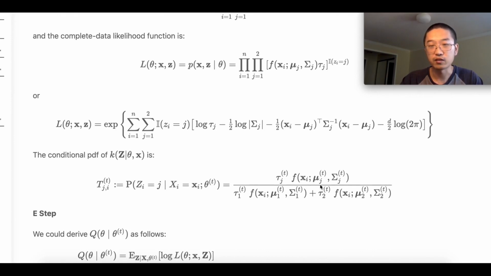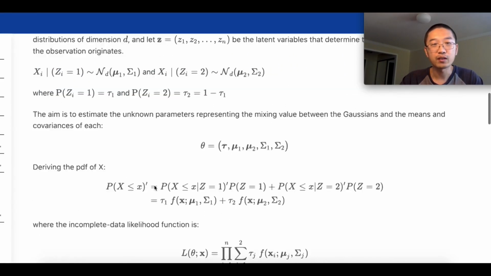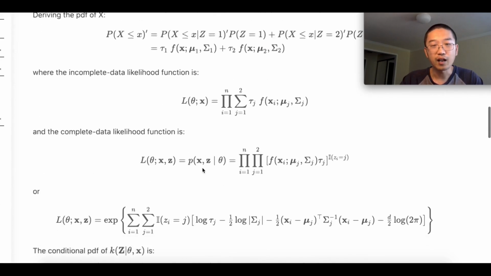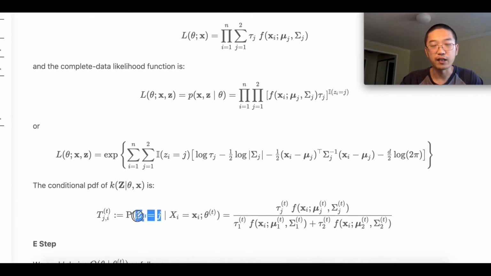We already calculated that. So this is the numerator. Now, how do we get the denominator? How do we get this numerator? The probability of Z equal to j and Xi equal to xi and theta equal to theta t, we apply another Bayesian rule. It will be the probability of Xi equal to xi, theta equal to theta t given Zi equal to j, and that will be this one or this one, times the probability of Z equal to j.